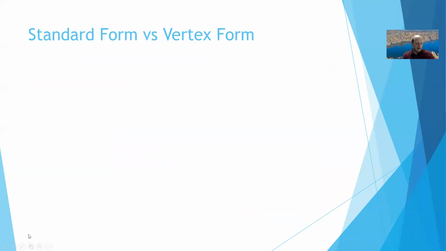Now, the next part on 11.2 was to basically differentiate between standard form and vertex form. Okay, standard form is y equals ax squared plus bx plus c. So what we've been talking about for any quadratic.